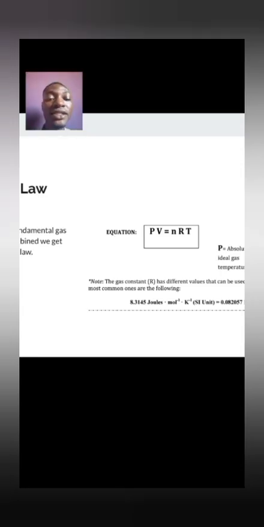That is one unit that we can use. And the other unit also there is 0.082057. So in most cases you won't really need the gas constant, because it will be given to you in the question that you will be asked.